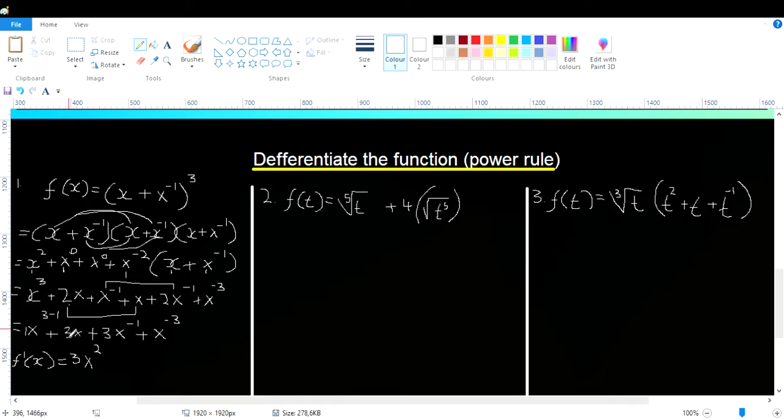For the second term, here we have power 1, and our coefficient is 3, so it's 3 times 1, which is equal to 3. Then minus 1, and the answer is x to the power 0.